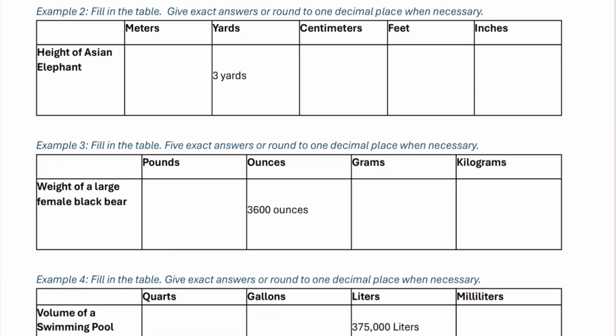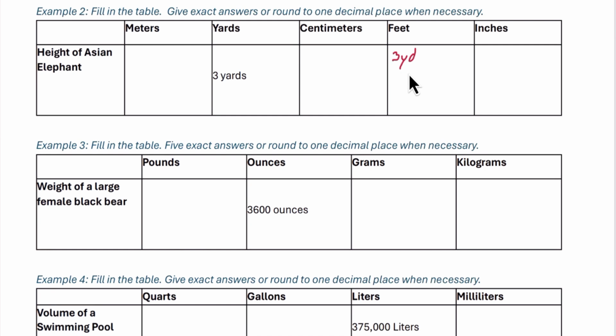In example 2, we want to fill in the table. We have the height of an Asian elephant. We're given the height is approximately 3 yards. Let's look at how to convert this several different ways. Let's first stay within the US system, since that's what we're familiar with. Let's convert 3 yards to feet.